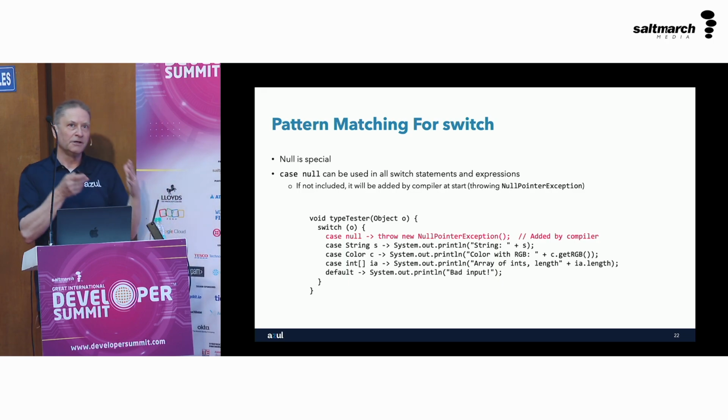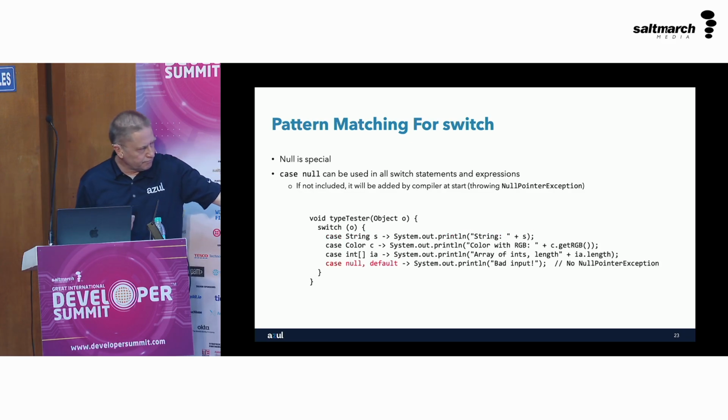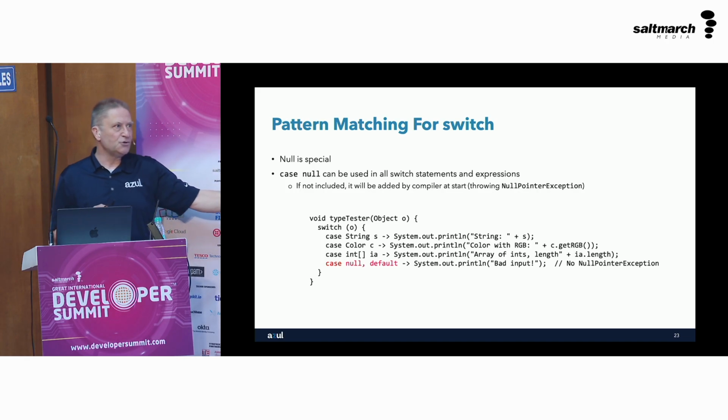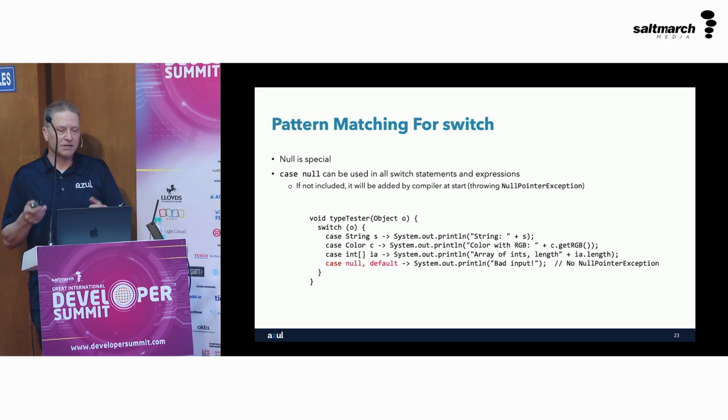So the behavior in this case is the same as it would have been before we had the ability to put a null in there. Now, you can also put null at the bottom and combine it with the default, because remember, we can do comma separated lists now, and that means that you can handle null and a default situation in the same case. So again, nice little extra thing to make your life easier.